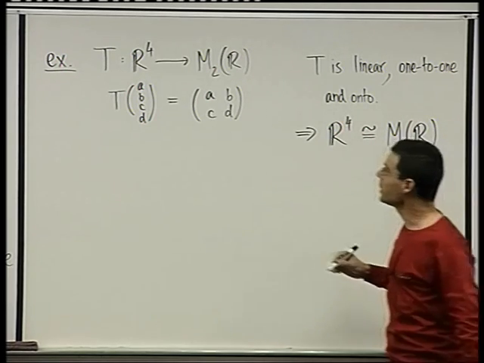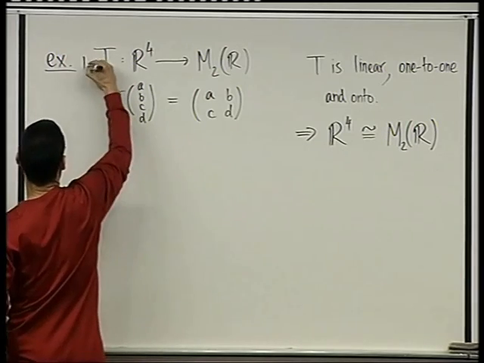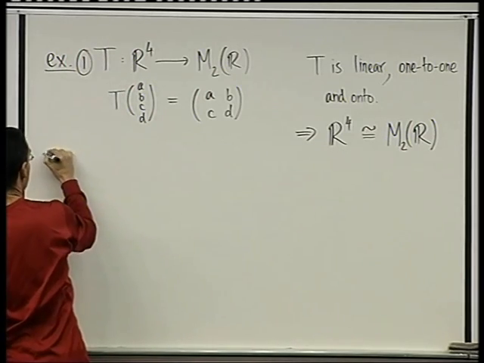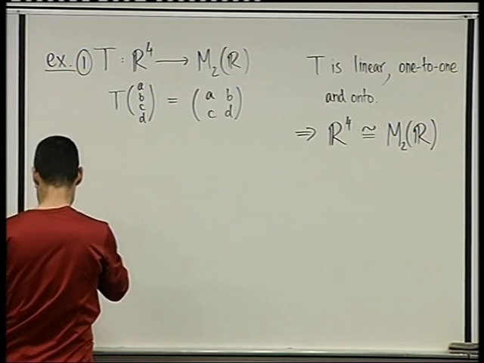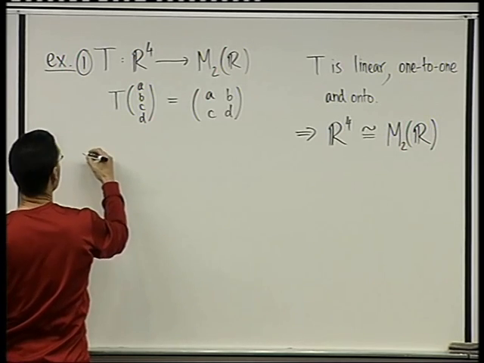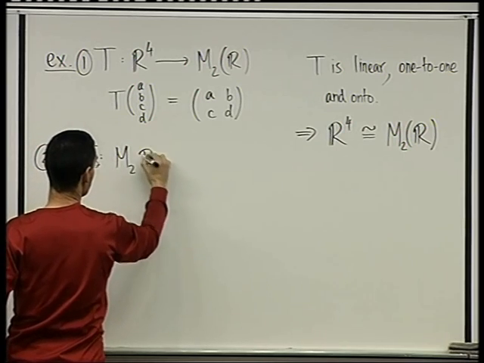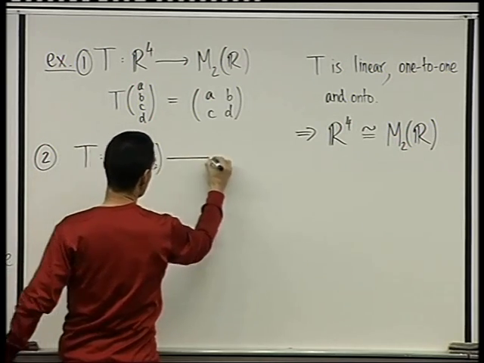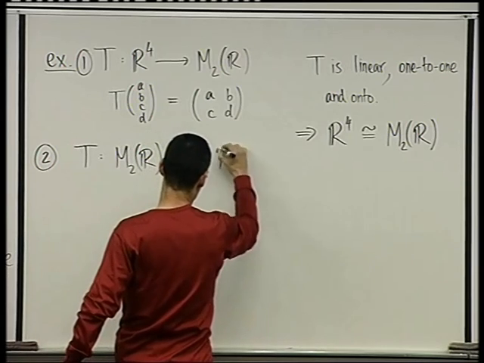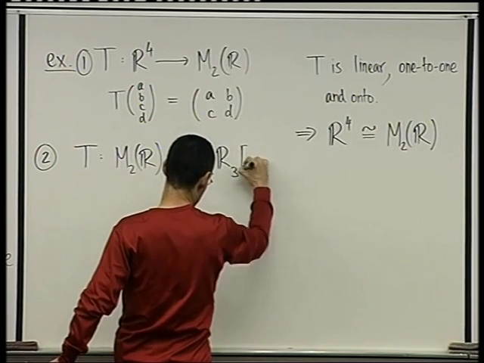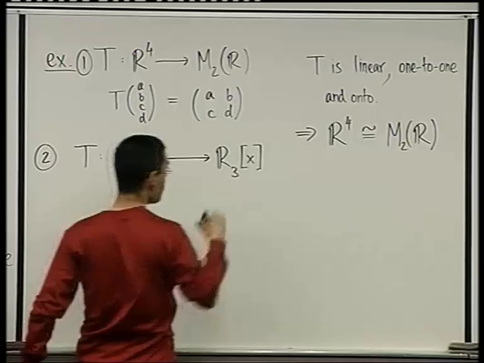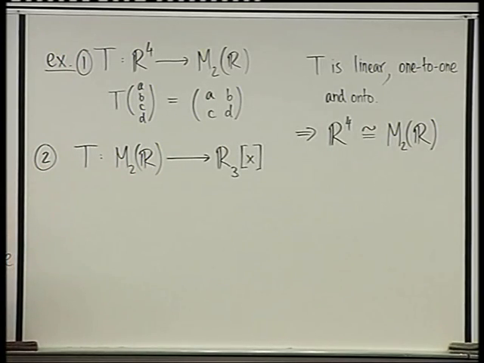Okay? Here's another example. So let's call this example 1. Here's example 2. Let's look at the map T from 2 by 2 matrices over R to the vector space of polynomials of degree less than or equal to 3 with coefficients in R, real coefficients.